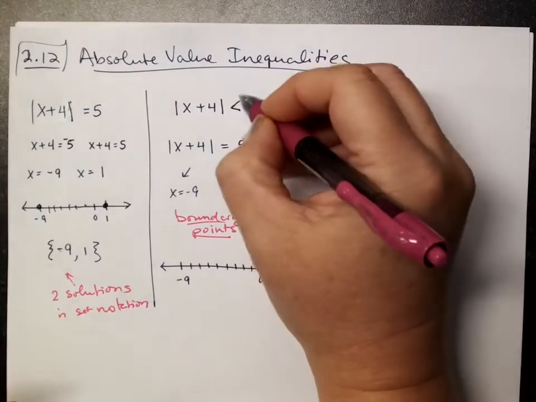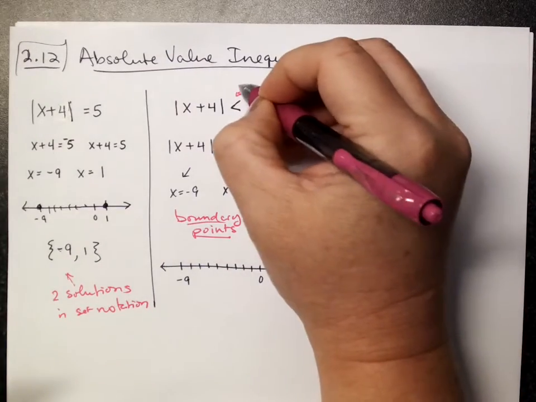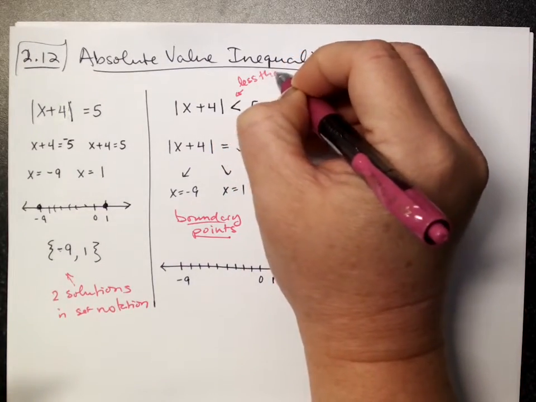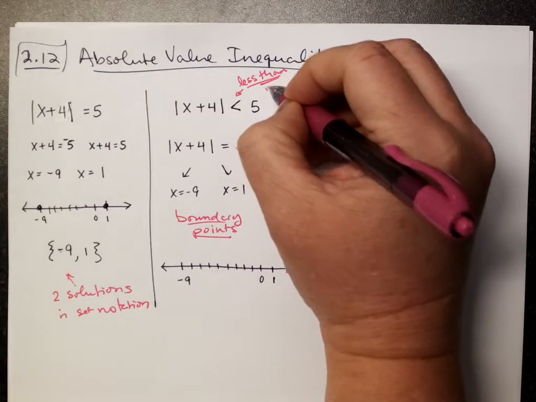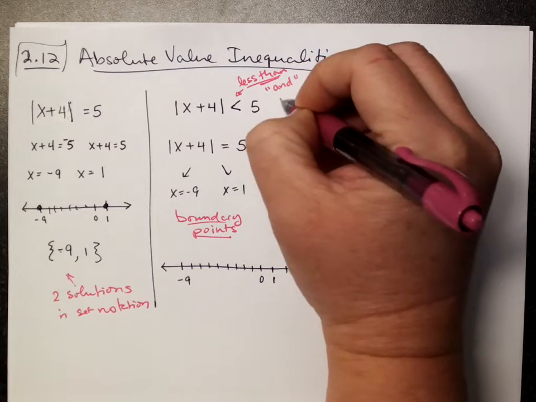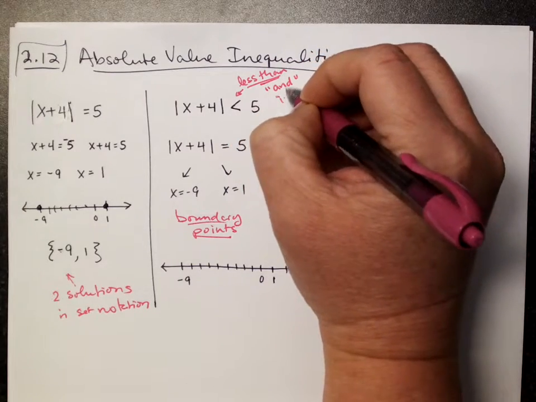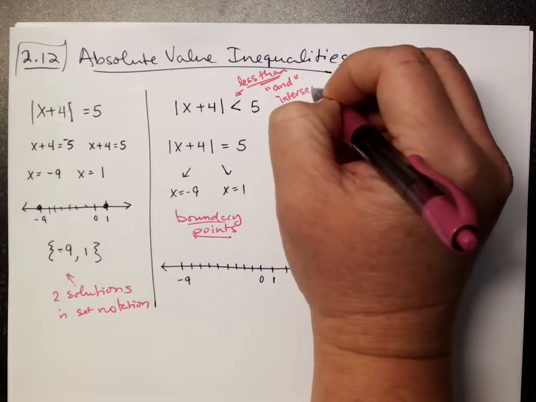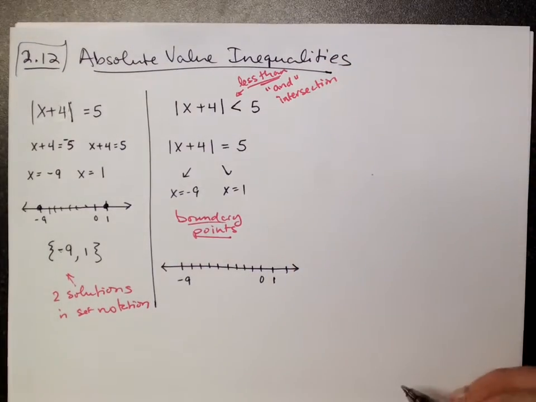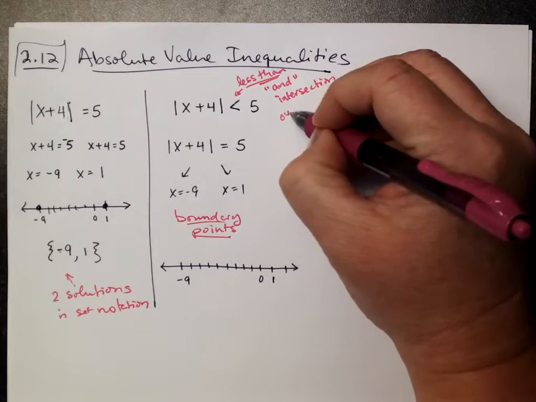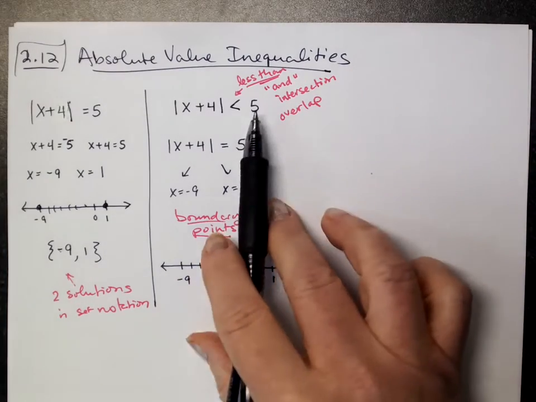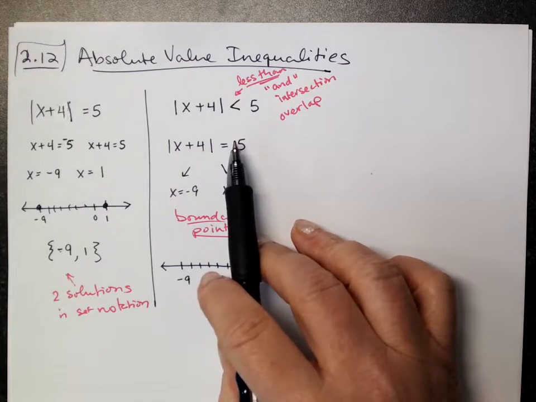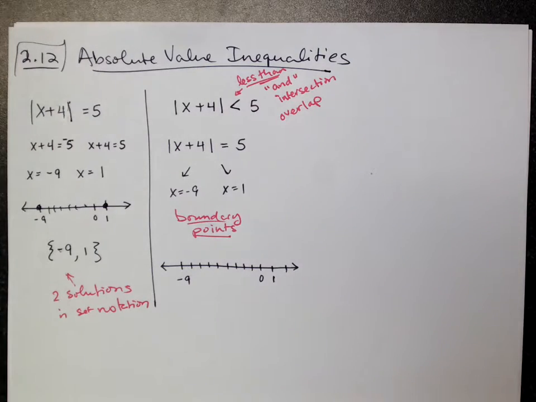This right here is less than. Now, less than will always mean "and," and "and" means intersection. Okay? So all that we're concerned about here is overlap. Whether it's less than or equal to, the less than, pointing down the number line, is going to be our "and."